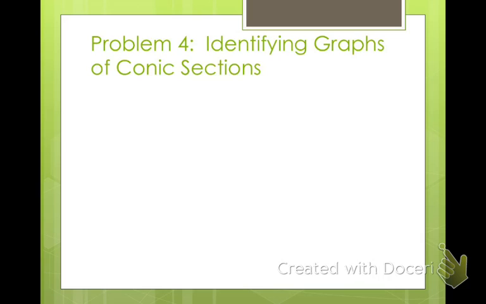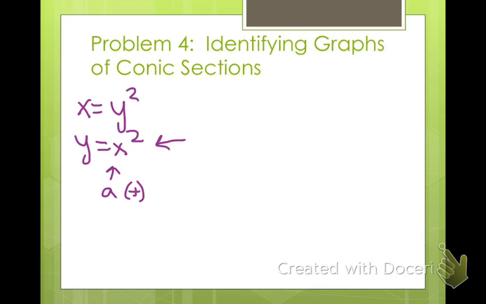We didn't really talk about parabolas. We've already done parabolas this year, but just really quickly, I'm going to show you parabolas are going to be in one of two forms. So far we've talked about y equals x squared. If our value of a was positive, we said that it was happy, so it goes up.